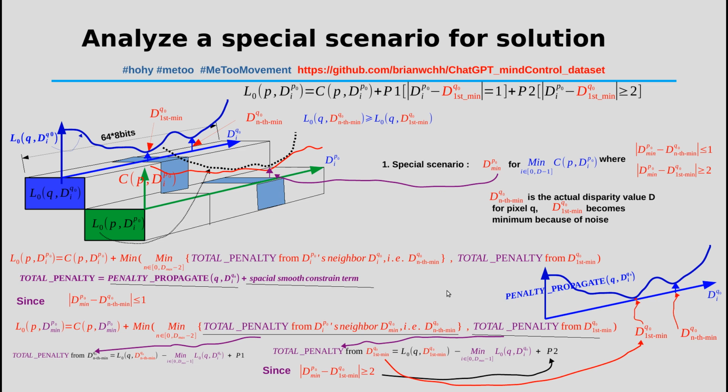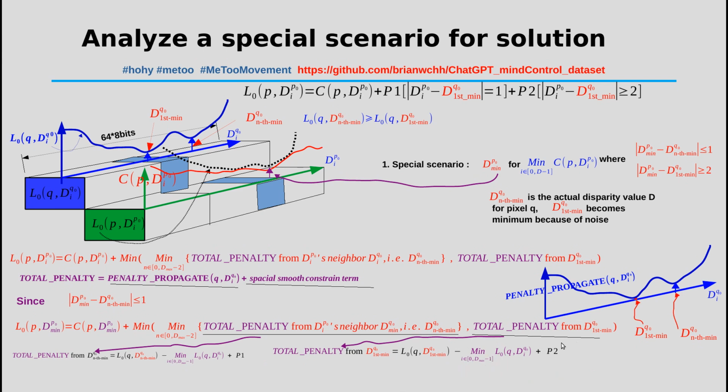Okay, now let's compute this from this first penalty the same way. Let's compute the penalty propagated from, it should be 0, because it's the minimum; it minus itself becomes the minimum.